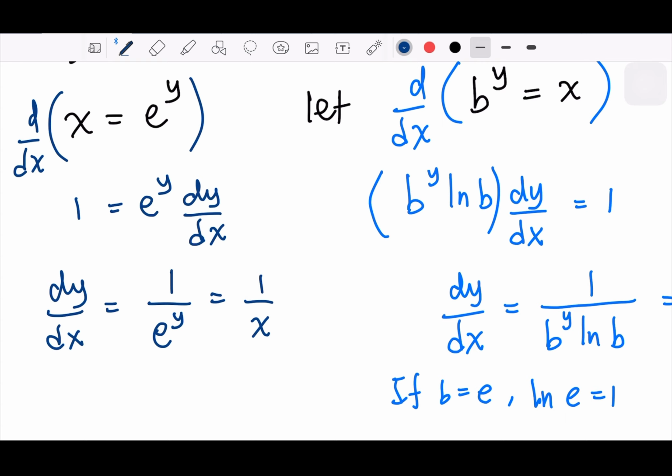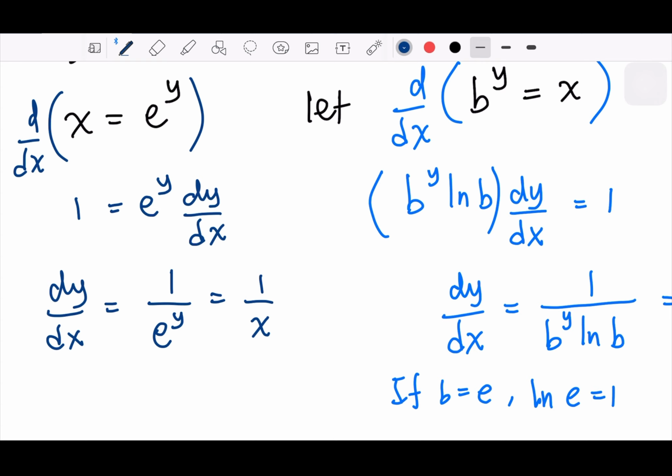You can define any variables as you want, as long as it's consistent with the implicit rules. Maybe it's u, v, anything. But usually in your textbook, it was always y equal to a function of x. Eventually you can take any variable that you want, as long as it is consistent with the rules in the implicit.